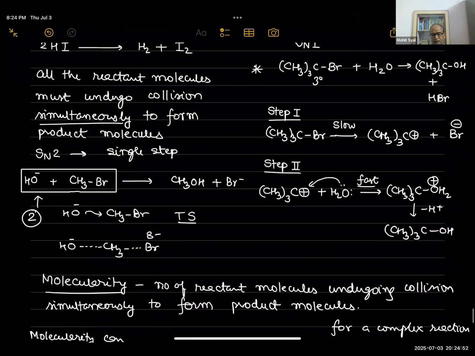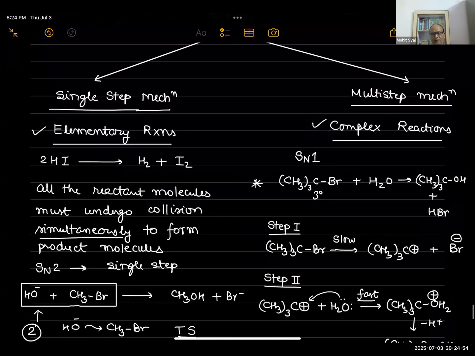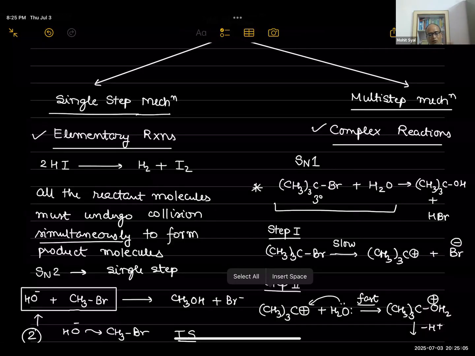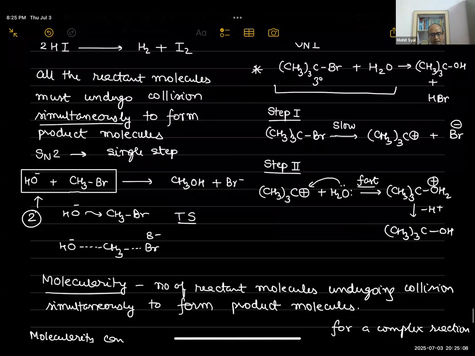If I ask you what is the molecularity of this reaction, what will you say? What is the molecularity of the SN1 overall reaction? It has no meaning. In a complex reaction, each step has its own molecularity. I can talk about the molecularity of step 1 or step 2, but cannot talk about the molecularity of the overall reaction.